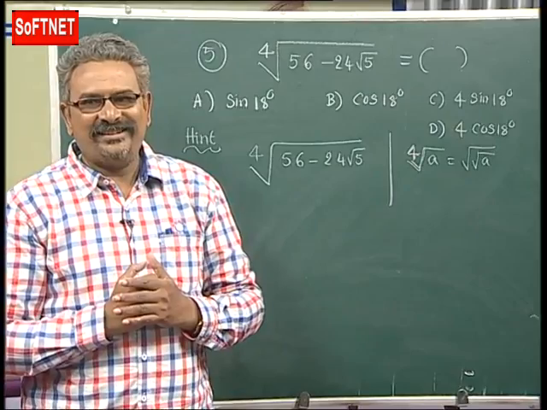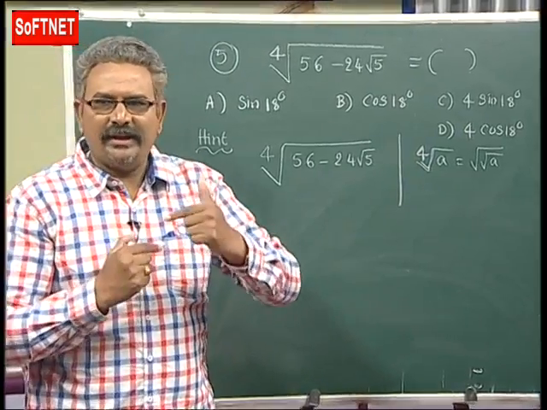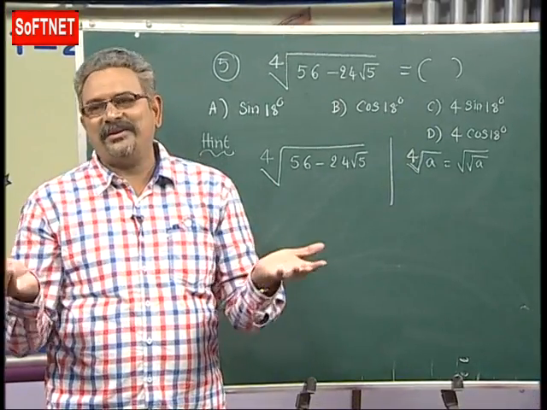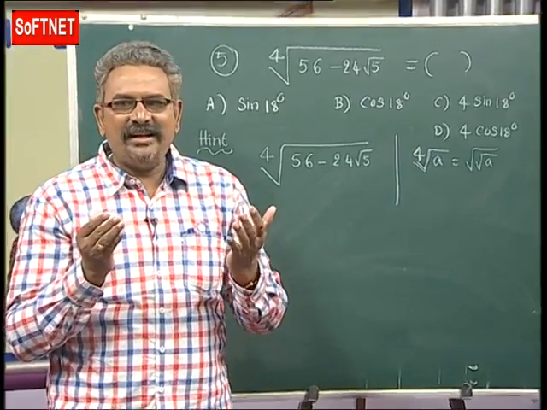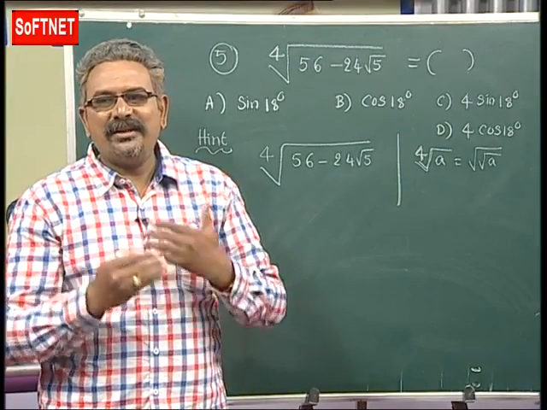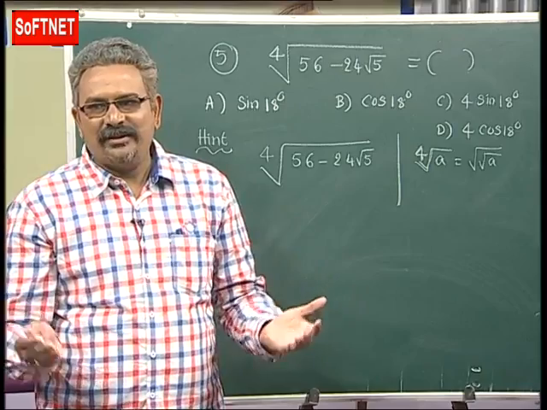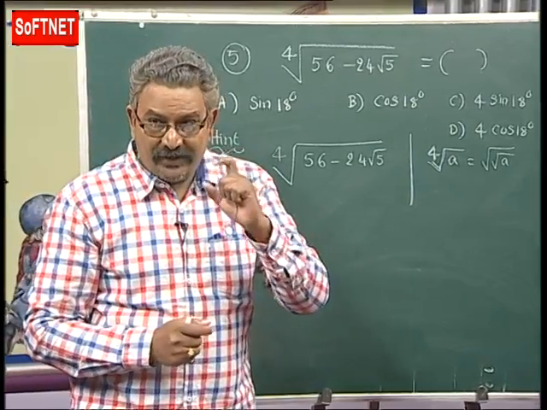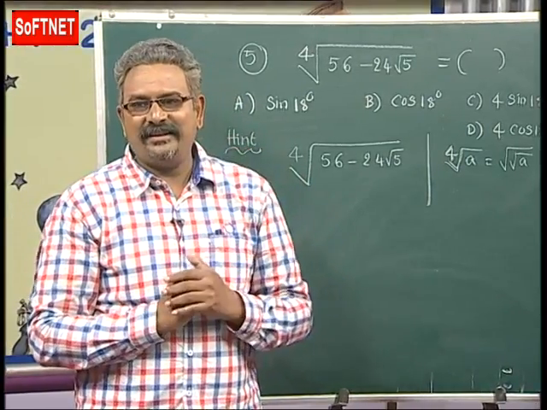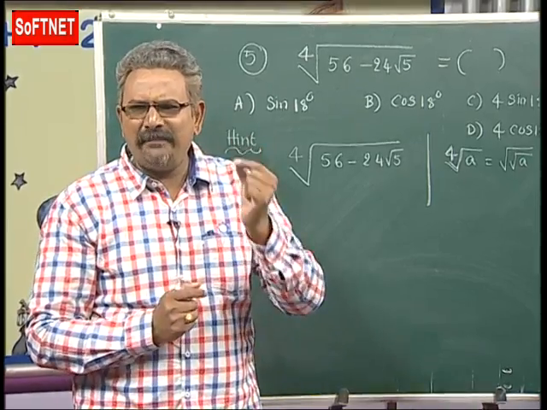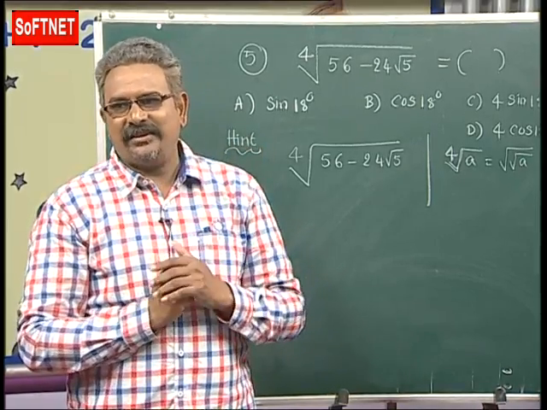Two times we have to find out the square root, so it takes more time to do this problem. So that's why, whenever a fourth root problem is there, I will explain a very simple easy technique for that one.